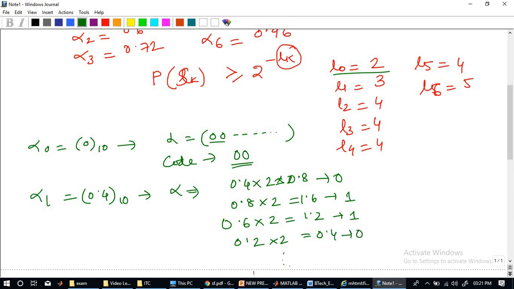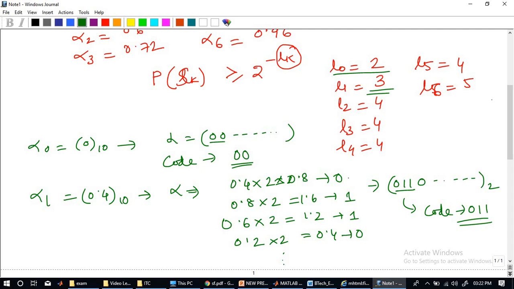We can go ahead, but we won't, because for 0.4 the length is at most 3. So you have 0, 1, 1. Your binary representation is 0.0110 and so on, of which you only have to take the first 3 bits, so in this case the code is 011. Like that, for all the other codes you have to go on doing. If you are finished with it, please tell me the complete code. These 2 I have done.